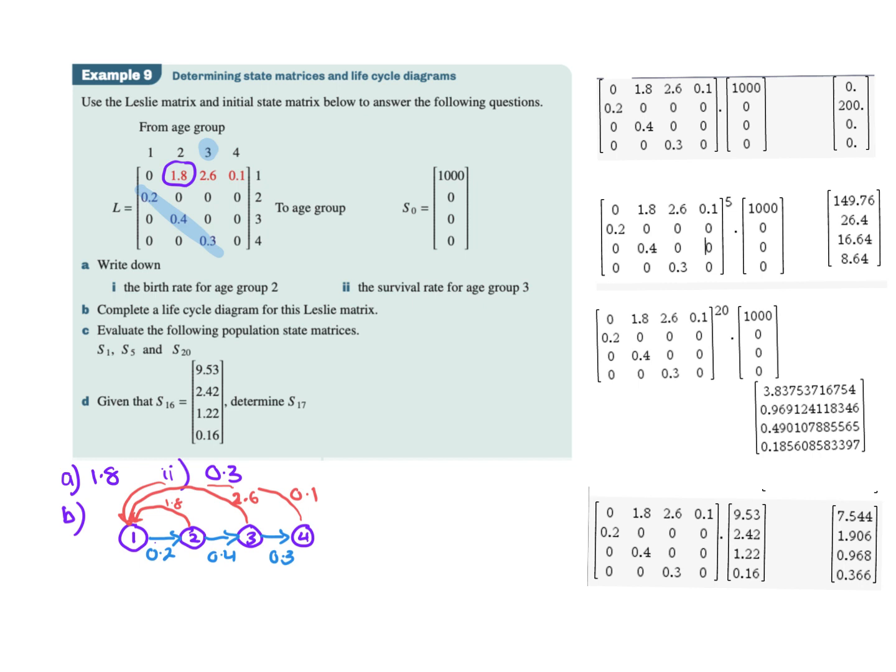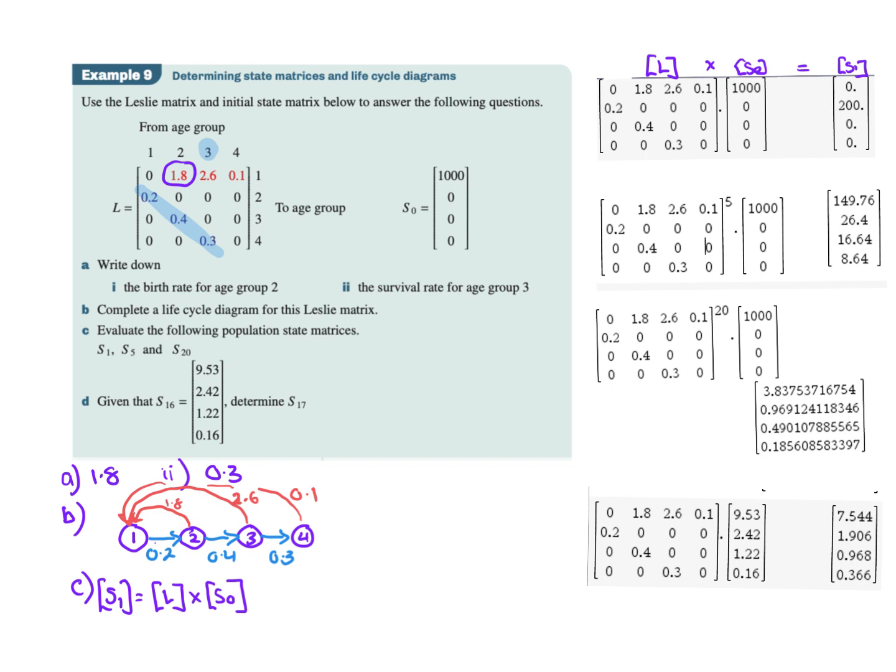With question C, it says evaluate the following state matrices. If they want state 1, the way we get a next state is we use the Leslie matrix times the state before. So if it's S1 they want, we would use S0. I've done them over here on the calculator, but you can just use the coding if you like. That gives me S1.